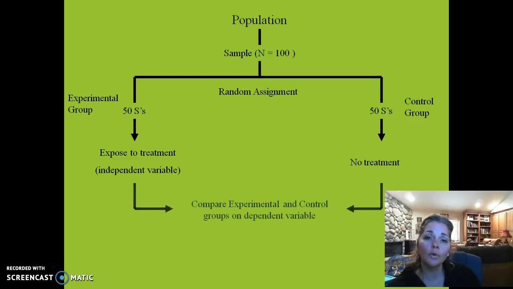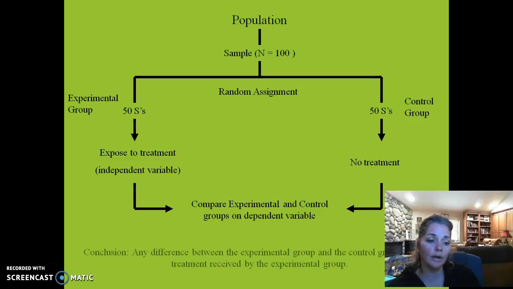And then I'm going to compare both the experimental and control group on the dependent variable. So I'm going to measure their aggression levels in both groups and see if one group is higher. If in fact the experimental group is higher in aggression than the control group, it's said that my experimental group was influenced by my treatment or my independent variable, which in this case is the more violent television show.